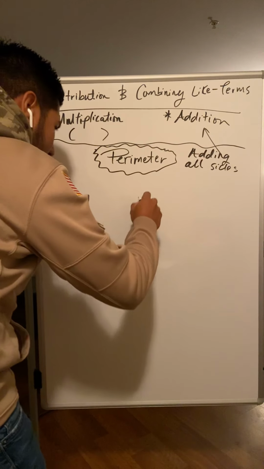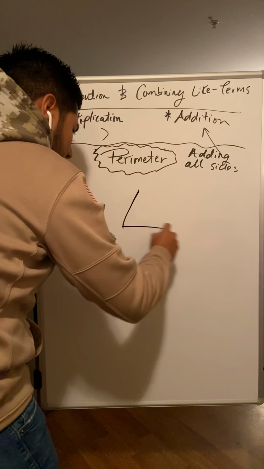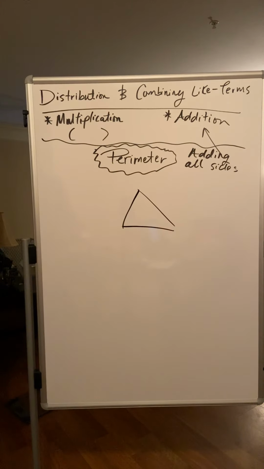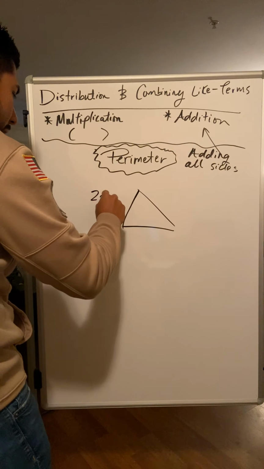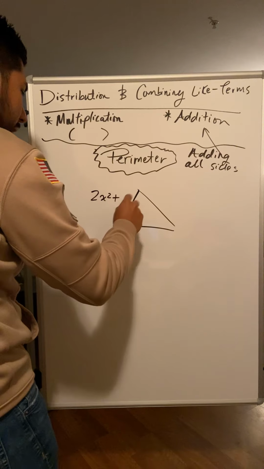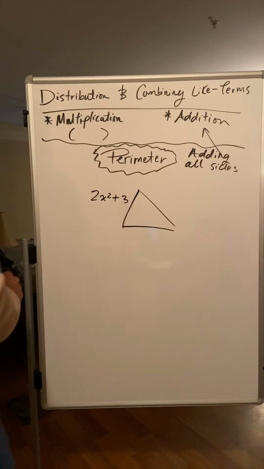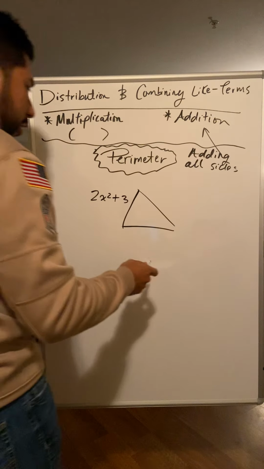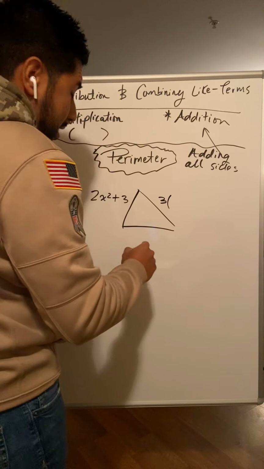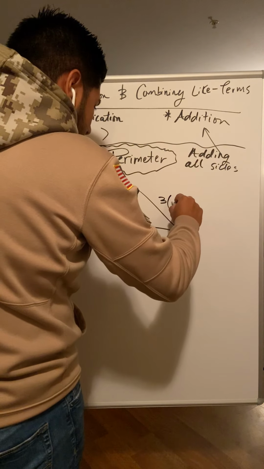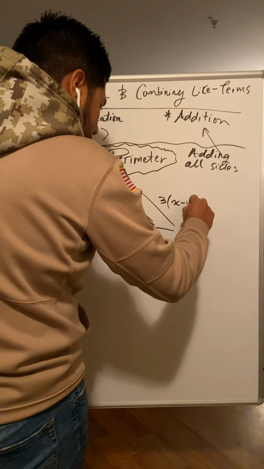I'm going to do a triangle. All right, triangle. One side, let's make it a little fun. I got 2x squared plus 3. On the other side, let's do 3 parentheses x minus 2.